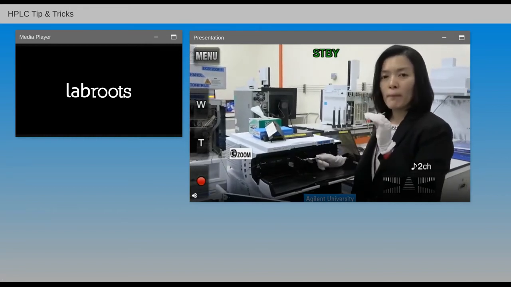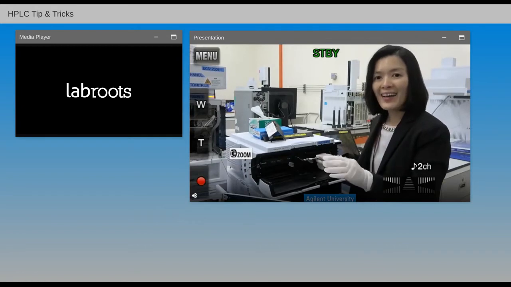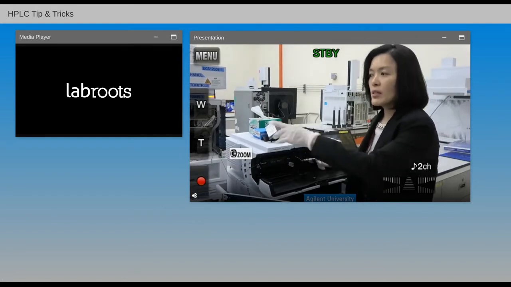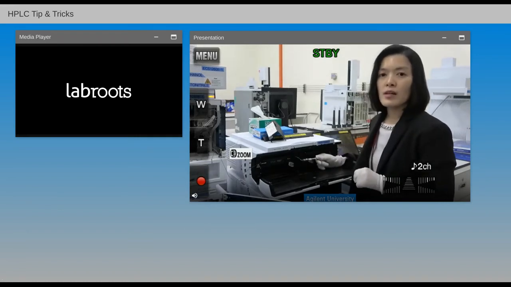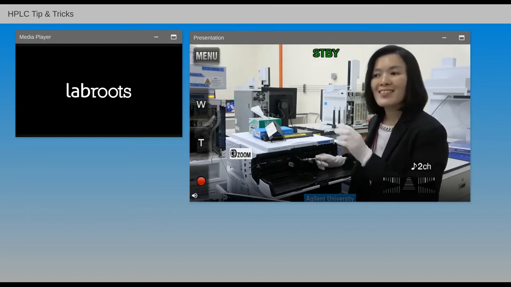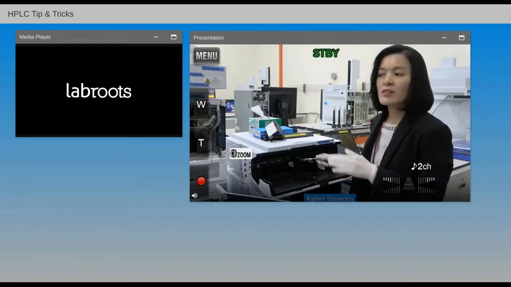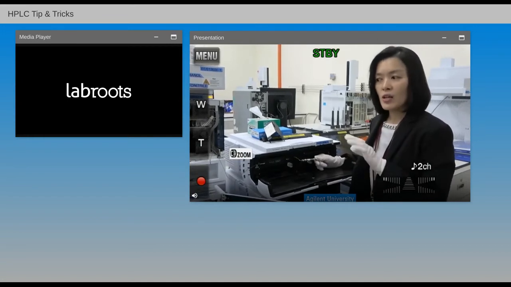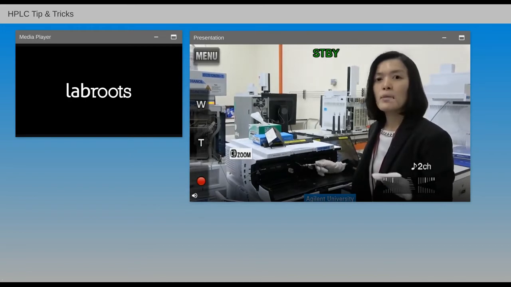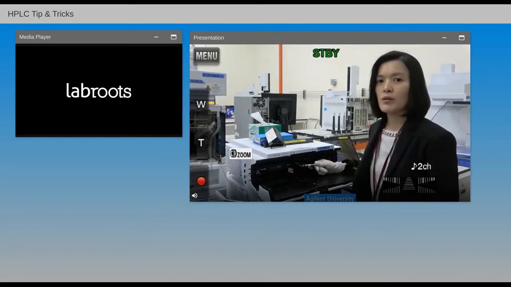But when the back pressure is still high even though you remove the column, it means the instrument also has some precipitation along the line, or even debris stuck along the line, that causes a higher back pressure compared to when the instrument is at optimal condition without the column.